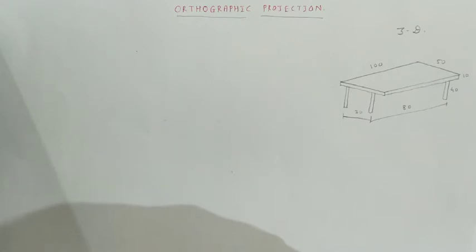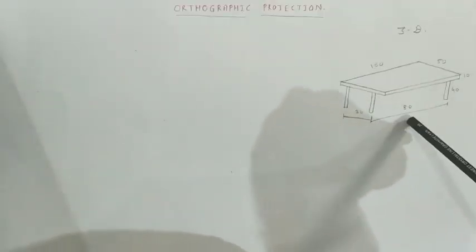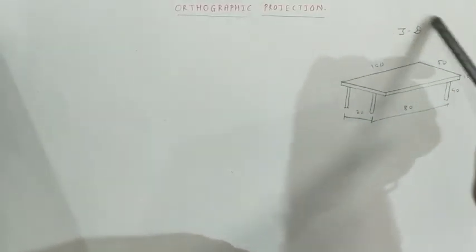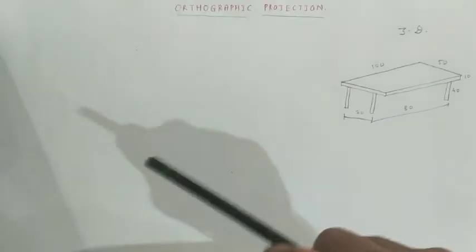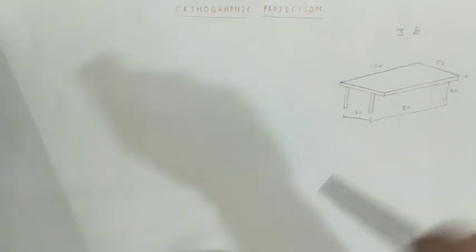So what kind of a drawing do you need? If you look at this drawing, which is a three-dimensional drawing, then you can easily imagine that yes, this is a drawing of a table, right? The second thing you can see in this drawing is a few dimensions of this table, which I just told you.